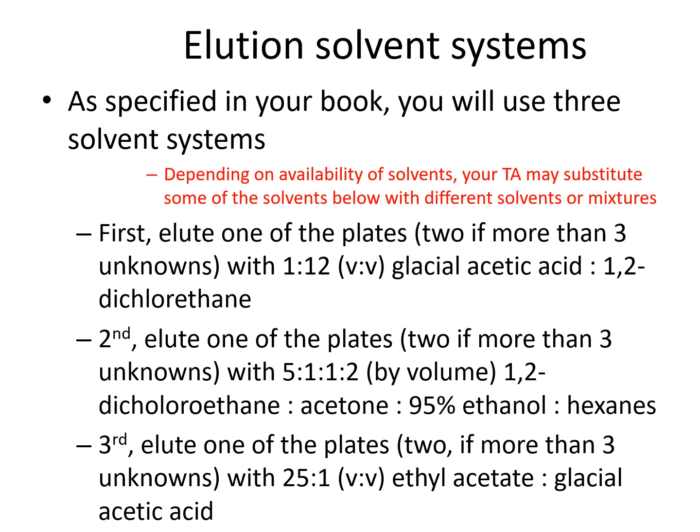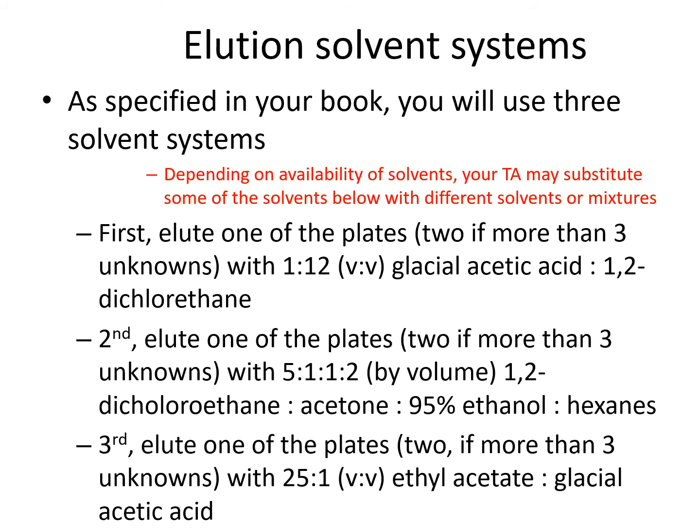So in this experiment, we'll be using 3 unknowns, and we will be using 3 different mixtures. For the first unknown, we'll be using glacial acetic acid and 1,2 dichloroethane in 1:12 ratio.